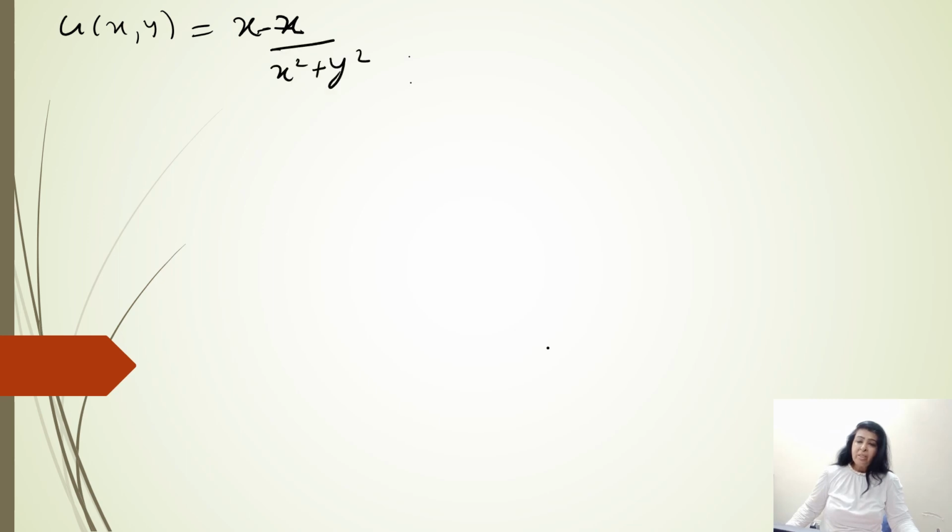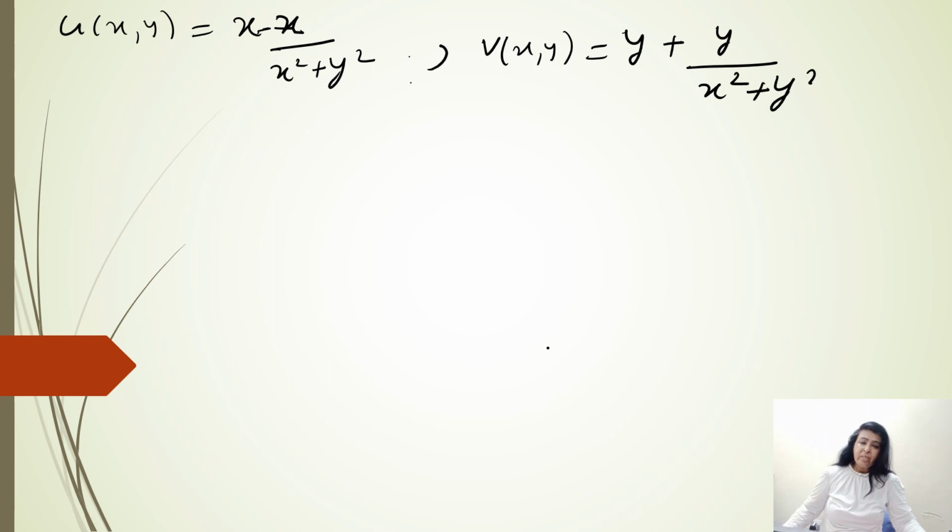So here u(x, y) is equal to x minus x divided by x square plus y square, and v(x, y) is given by y plus y divided by x square plus y square.